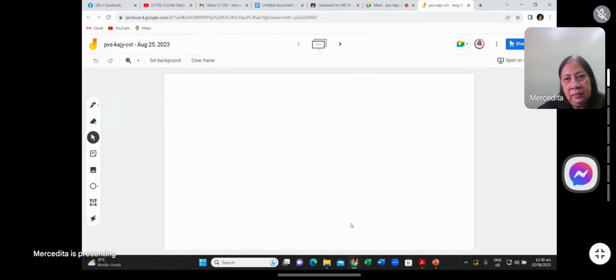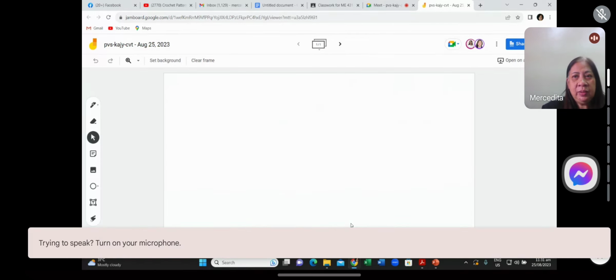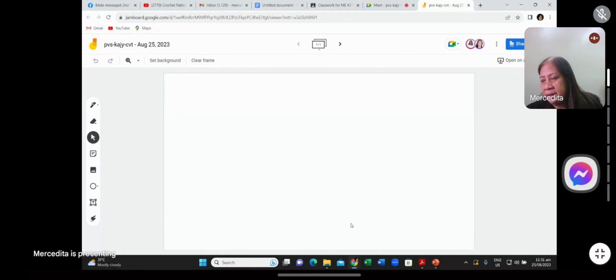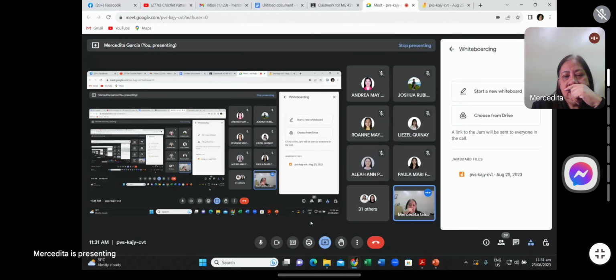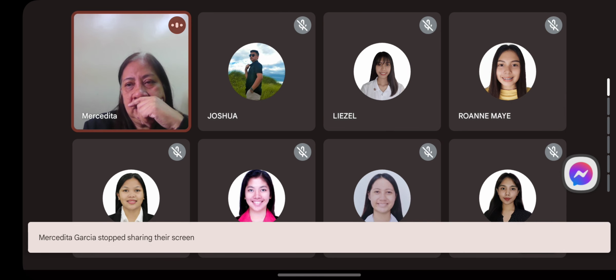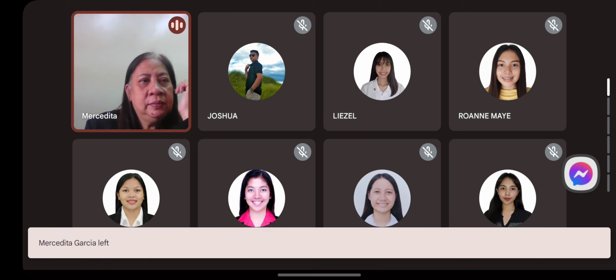Hindi gumana, ayaw niyang gumana ng tablet. Okay, hanap tayo ng table. Wait lang ha, hanap lang ako ng table kasi I was trying to create the table.